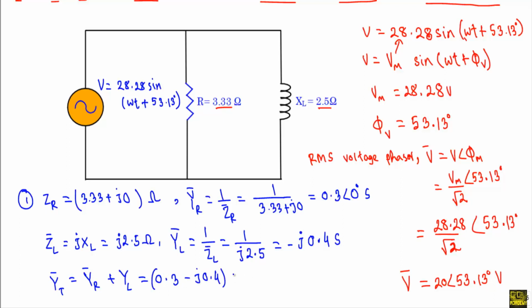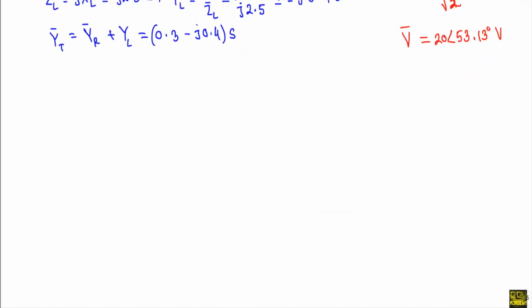Therefore the total admittance will be 0.3 minus J0.4 Siemens. The total admittance YT is equal to 0.3 minus J0.4 Siemens.